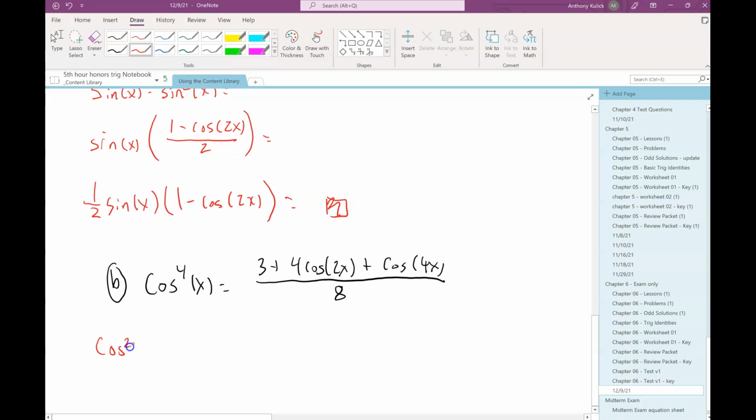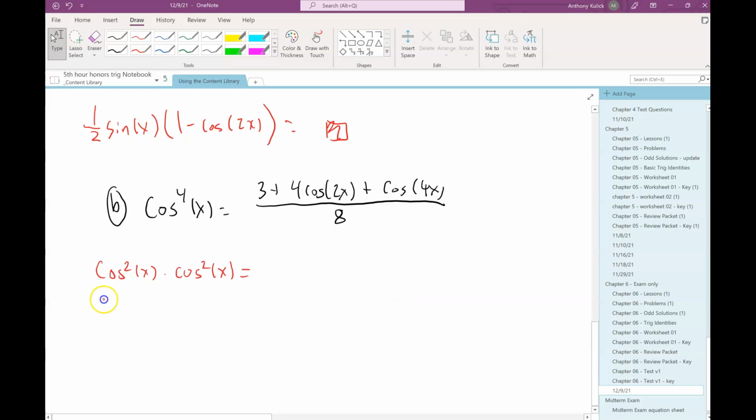So my first step would be, again, to just rewrite cosine to the 4th so that I have squareds in there so I can use my power reducing identities. So cosine squared is 1 plus cosine 2x over 2. So I have that twice.